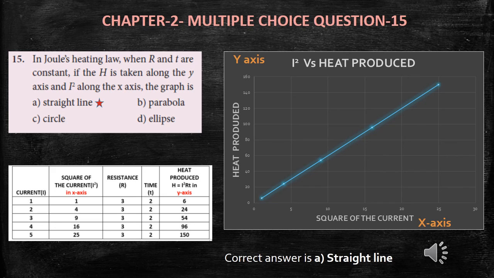For 25, it is 150. So here the square of the current is taken in x-axis, heat produced along the y-axis. After plotting the values and connecting all the points, you will get a straight line. Here the proof itself is given to find out the answer. Therefore the correct answer will be A, that is straight line.